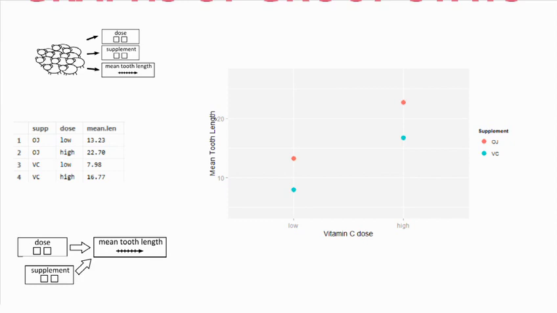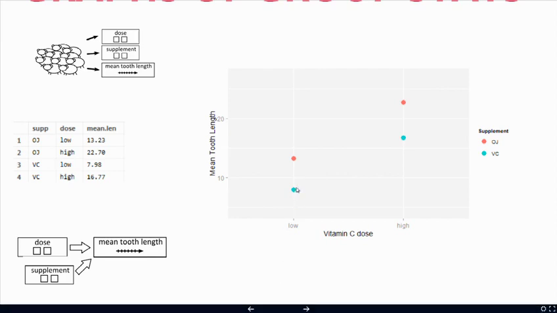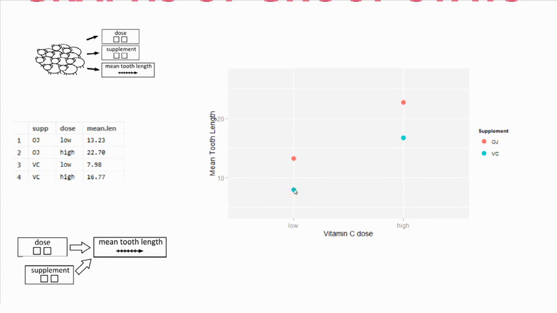And those are the dots that represent these things here. So this dot down here, blue means they had vitamin C tablets, they're on the low dose, and they got about 7.98 for their mean of that whole group of 10 guinea pigs. So I've replaced that group of 10 guinea pigs with a single dot.